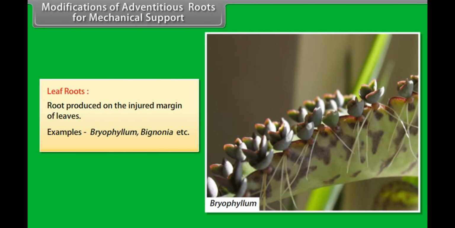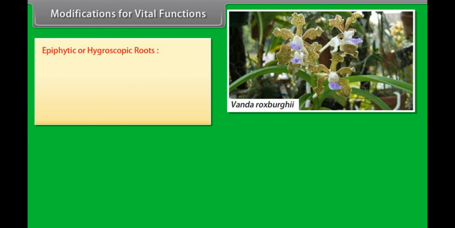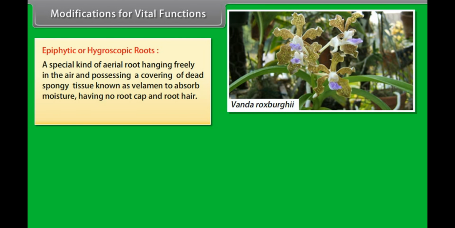Examples: Bryophyllum, Bignonia, etc. Modifications for vital functions. Epiphytic or hygroscopic roots: a special kind of aerial root hanging freely in the air and possessing a covering of dead spongy tissue known as velamen to absorb moisture, having no root cap and root hair.